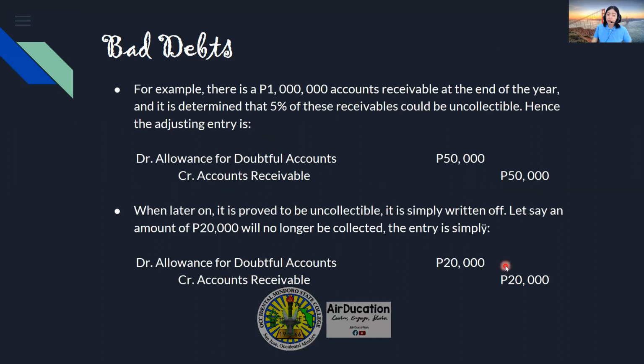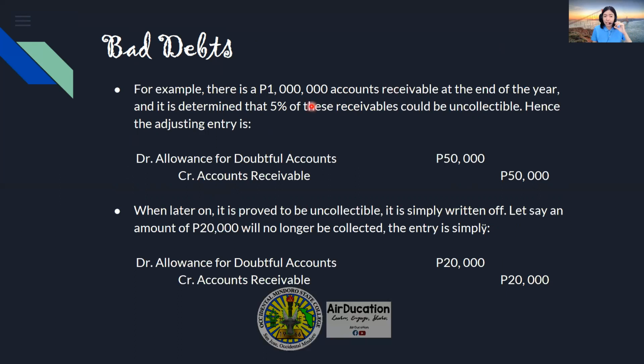So this is one of the best example for that. Please take note of this, okay? Please take note. For example, there is a 1 million peso accounts receivable at the end of the year.